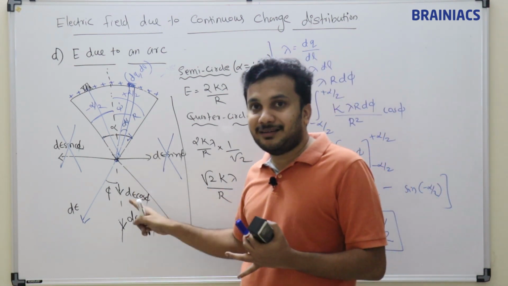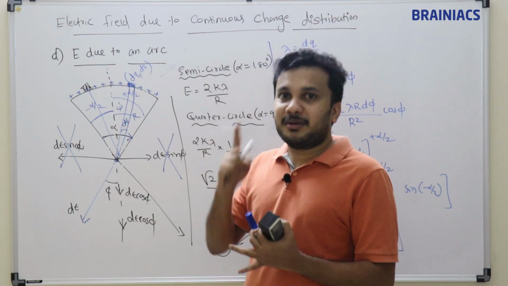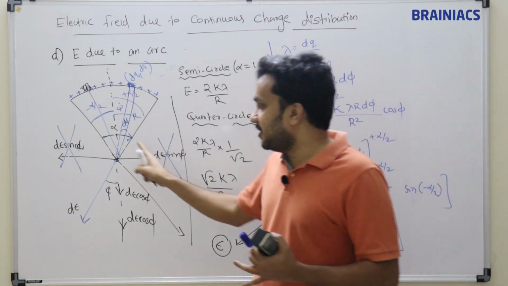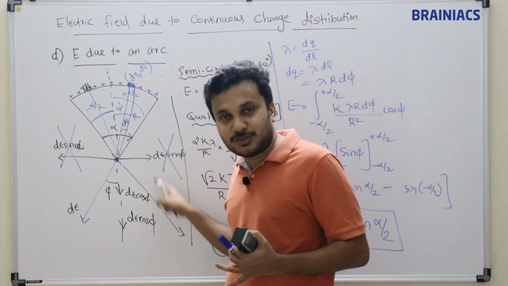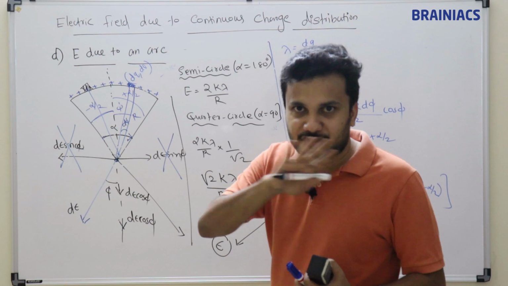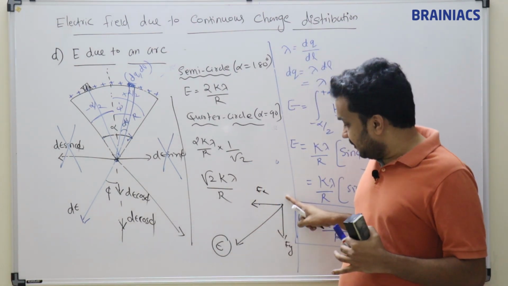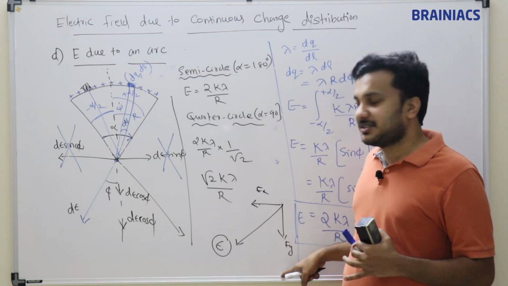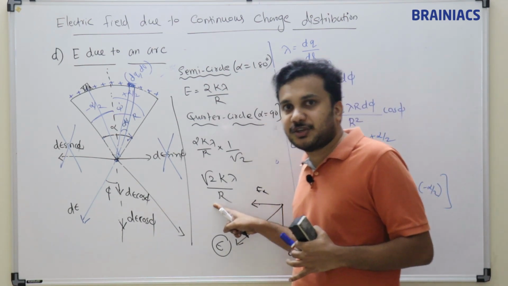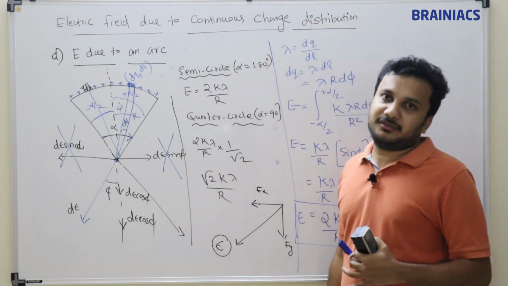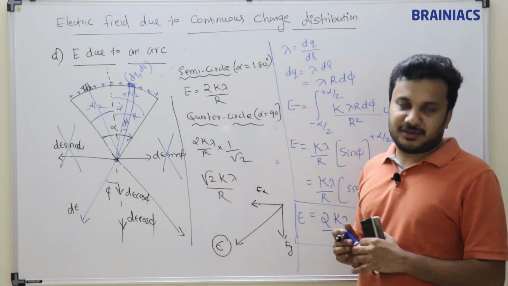Because if you learn this concept alone, you may not remember the direction of the electric field for a quarter circle. Here you will only get a minus y direction, so you will go with minus y. It's not correct. For a quarter circle it should also have a minus x direction, and all together it produces another electric field like this. So there is a combination.